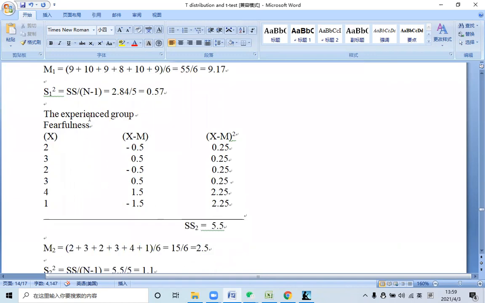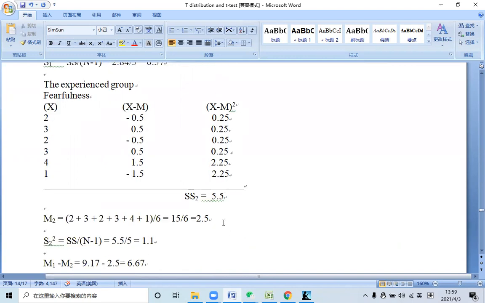How about the other group? The experienced group, you get the mean. Well, the mean is way lower than the first group. And you can get the sum of square deviations.